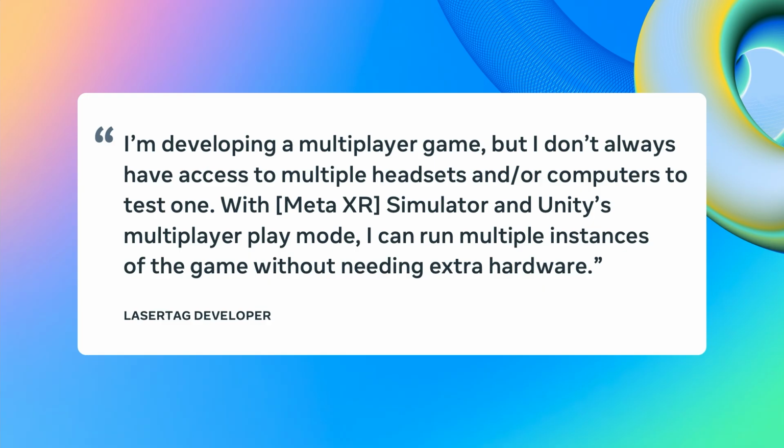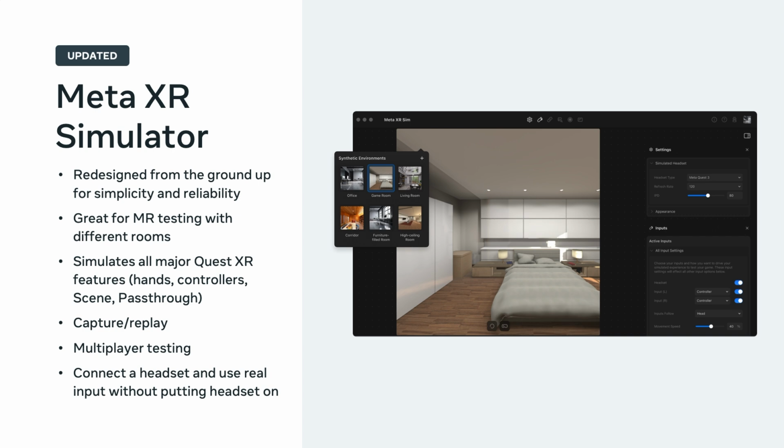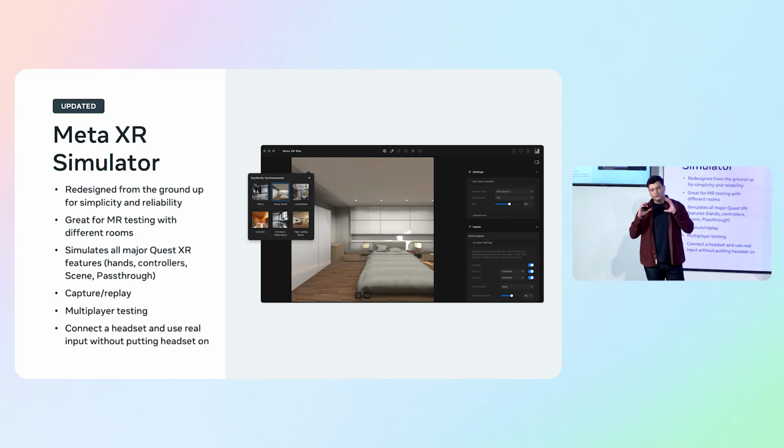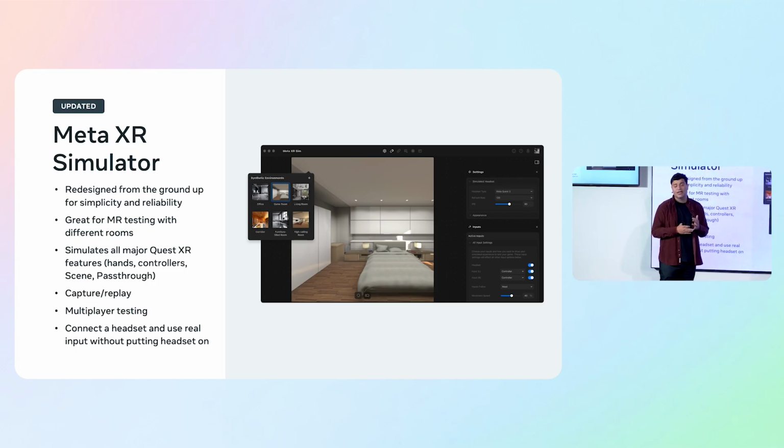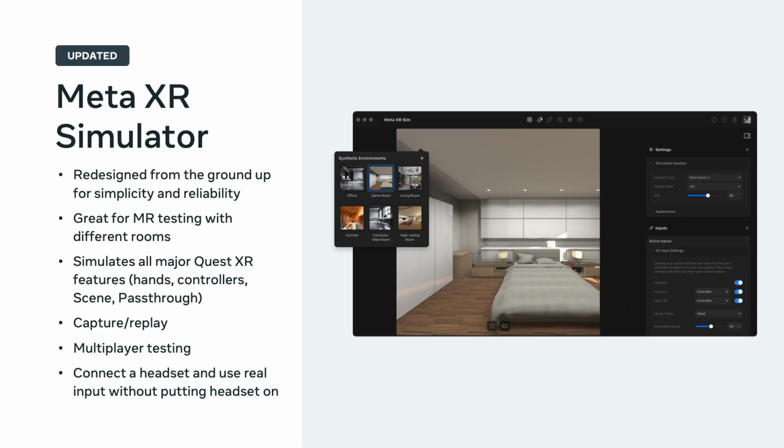So MetaXR Simulator has become this really important tool to enable some of the use cases that otherwise would be impossible. And that's why we spent a lot of time on really updating the core part of MetaXR Simulator. So later this year, you will see a completely redesigned version of MetaXR Simulator coming, where we focus a lot on two things. One is reliability. So every time you click the play button in Unity, that you have MetaXR Simulator connected, that it's actually going to run, and it's going to be a very reliable experience to test the game.